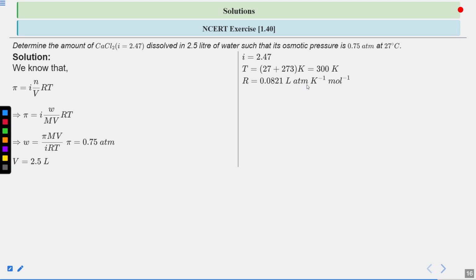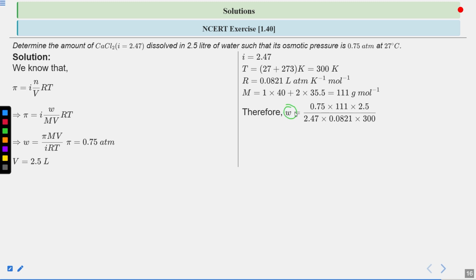The R value in terms of liter atm per Kelvin per mole is 0.0821. Then what is the molecular mass of our CaCl2? It will be 111 gram per mole. So it is simply calculated by considering their atomic weights.